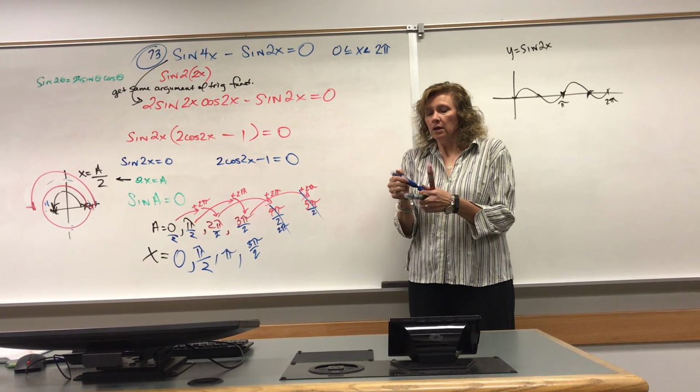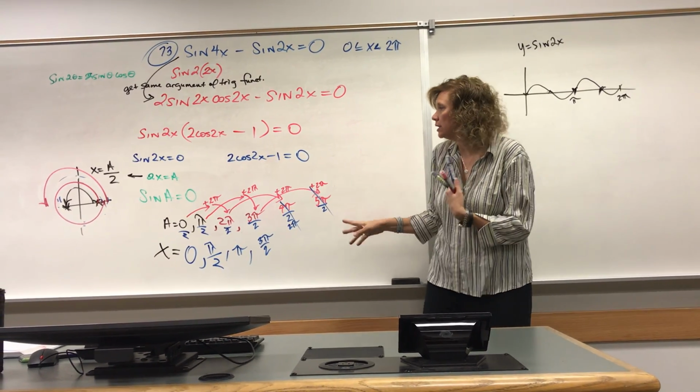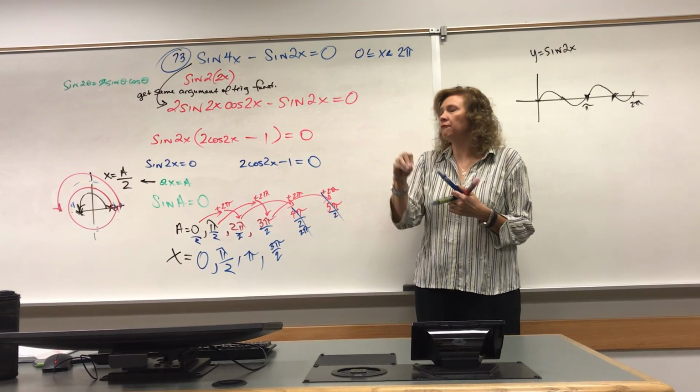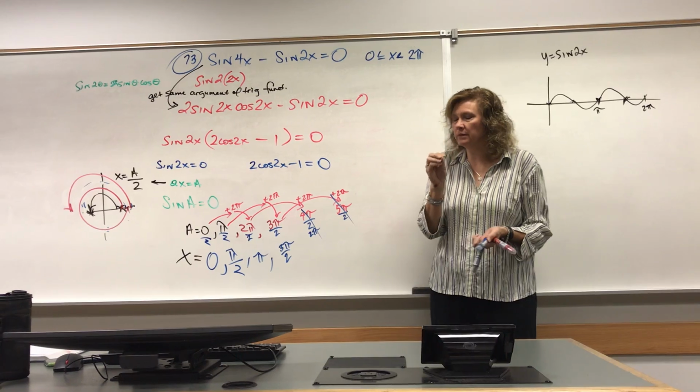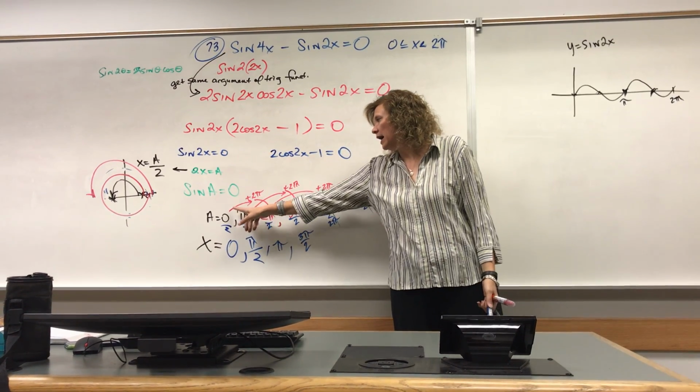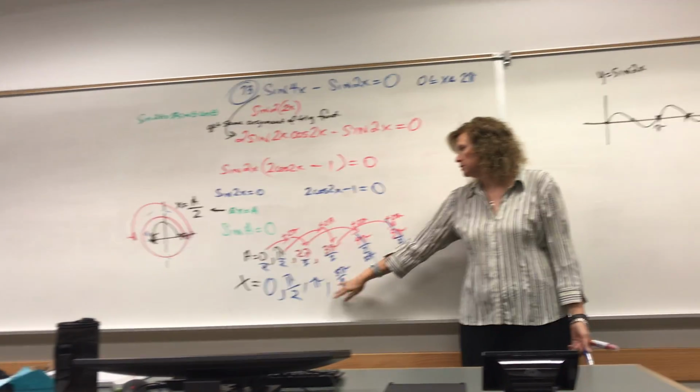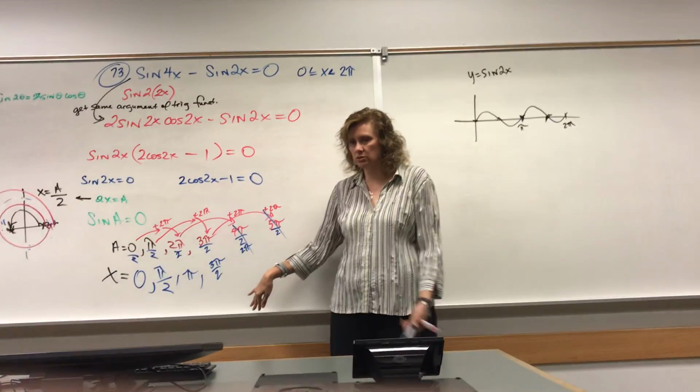Now, notice, and this is going to be kind of helpful here, and also helpful when we do a little bit of chapter 5. So we added 2 pi and then divided by 2. Added 2 pi divided by 2. Added 2 pi divided by 2.